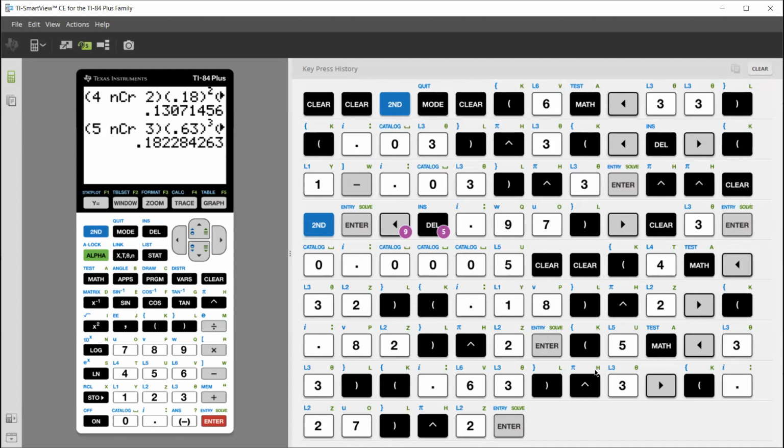Did you find anything else? Hold on. 5 choose 3, 0.63 to the third and 0.27 to the second. I got 0.37. 1 minus 0.63 is 0.37.